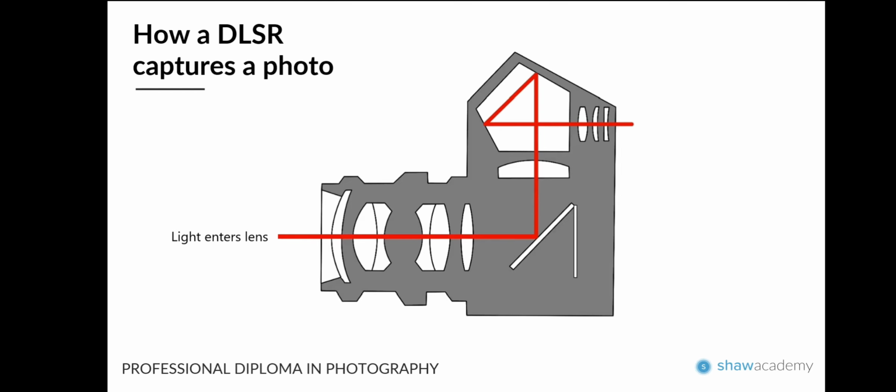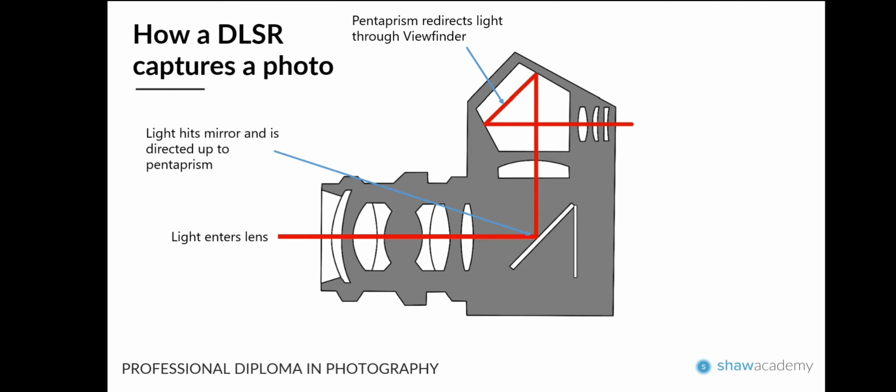And when we're looking through a DSLR, light is bounced off the mirror of our DSLR and it bounces around a very unusual looking device called a pentaprism, and it comes out the viewfinder, and this is what allows us to see the photograph.